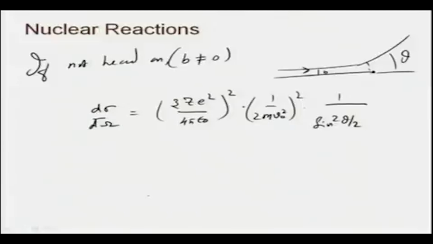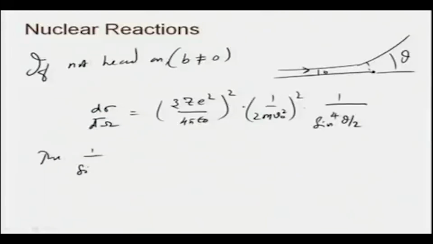The other thing, okay, the expression that I wrote is wrong, it is actually sin power 4 theta by 2. So, this particular dependence, 1 over sin power 4 theta by 2, is something which you can check. The angular dependence of this d sigma over d omega can be checked experimentally.